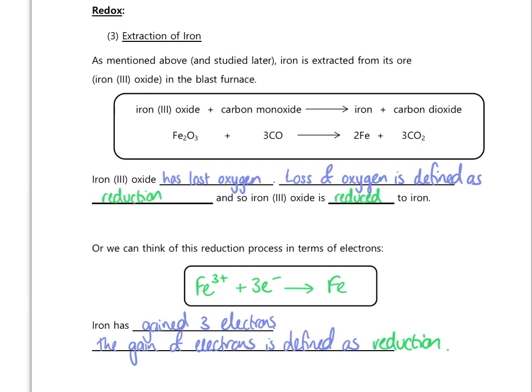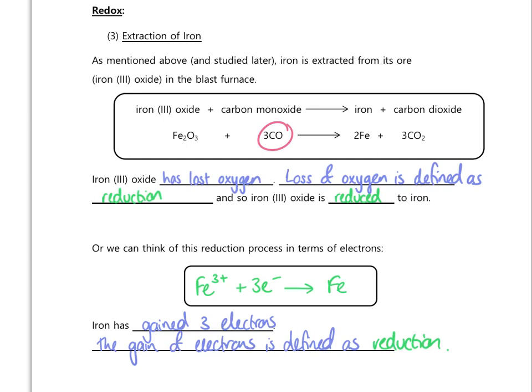We can see that we have what we call a reducing agent, the thing that reduces the iron oxide, and that's carbon monoxide. Carbon monoxide has the formula CO. It has just one oxygen, and that means essentially it has room for another oxygen, because we know carbon dioxide can be formed.